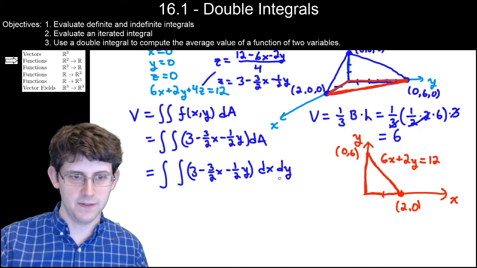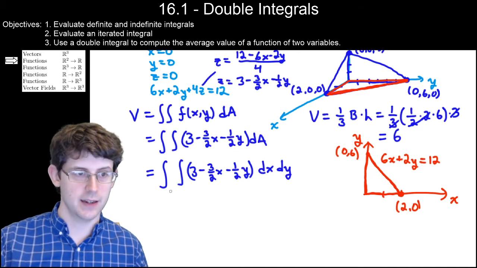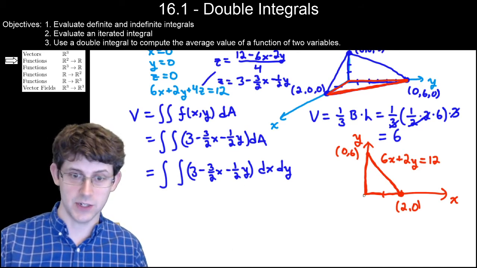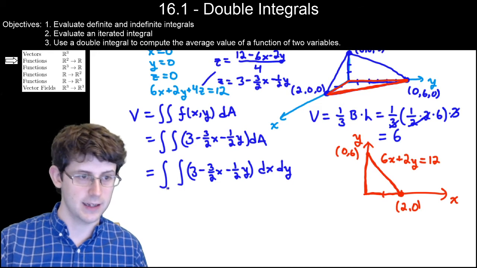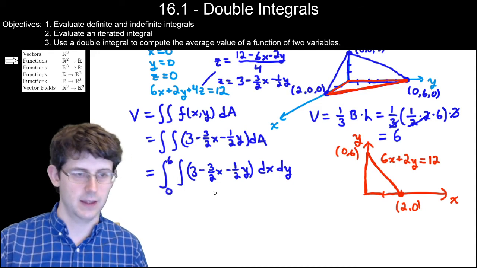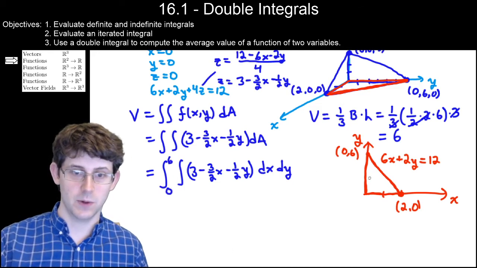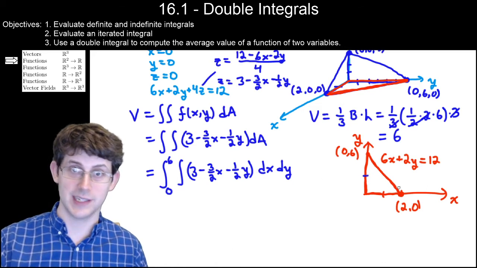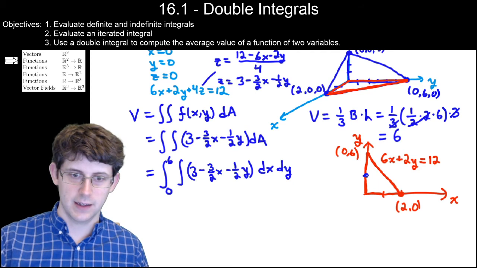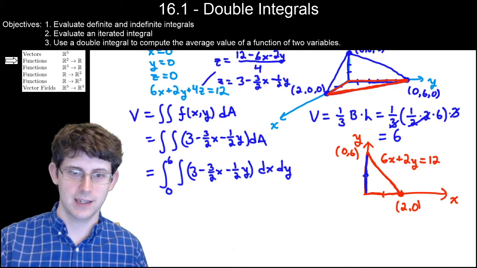So if y is on the outside, then the y's can't depend on anything. So you just tell me the lowest y and the highest y. That's 0 to 6. But then the x's, well, once you've picked a y, what's the lowest x and what's the highest x? The lowest x is this boundary, and the highest x will be on this boundary.